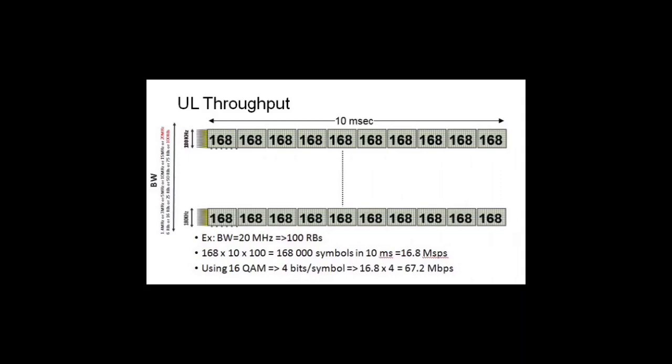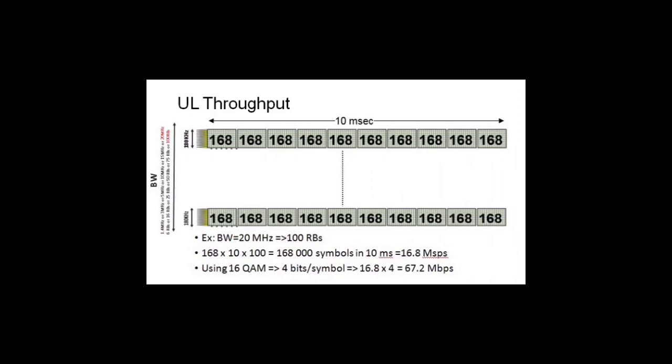Same calculation, we get 16.8 megasymbols per second. Using 16 QAM, we have 4 bits per symbol and we get 67.2 megabits per second. As in downlink, the user bitrate will be less than 67.2 megabits per second due to signaling and adaptive coding overheads.